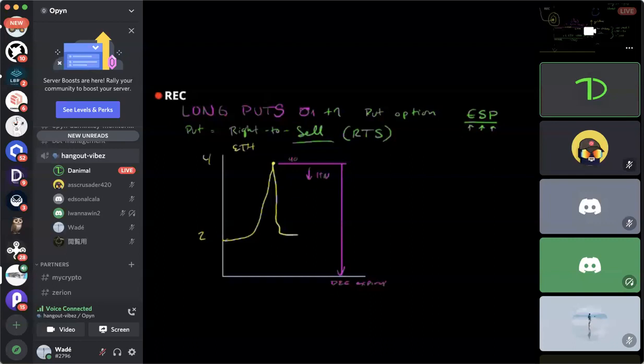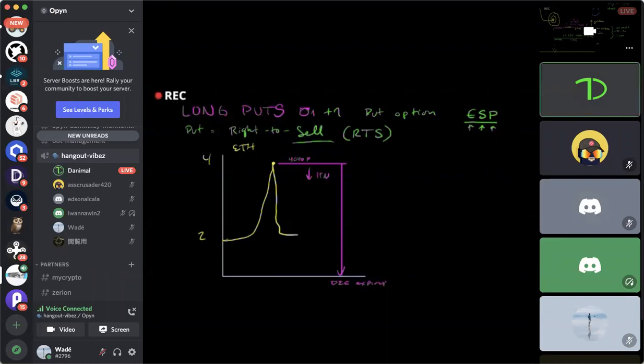So we have a 4,000 put. And let's say it was at the money when you purchased it, and you just wanted to protect your position. Then you paid a premium to protect your underlying Ethereum investment. And you're now at a trading advantage for that put option.